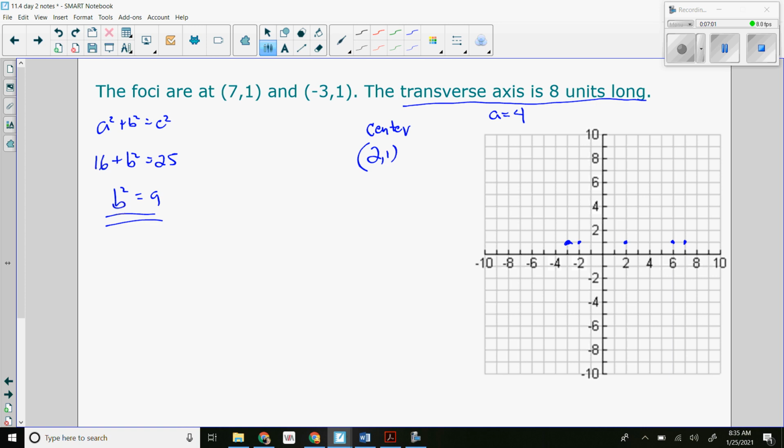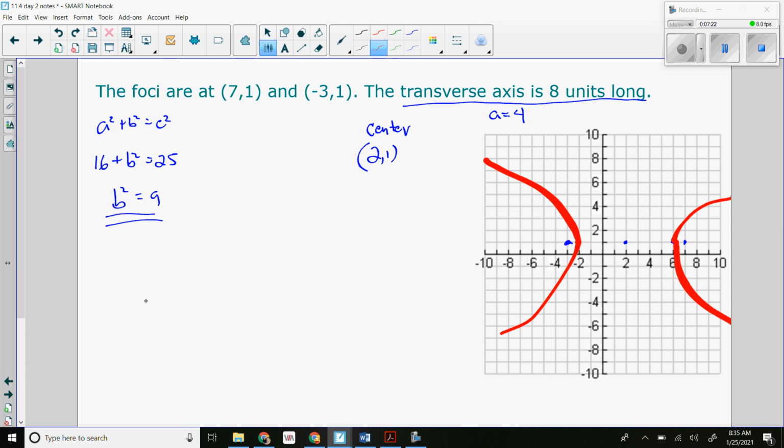Okay, and I think I have enough now to write my equation. This is one where the x's would come first. Oops, I didn't draw that other one. I should go through this point. Okay, eventually it's going to look something like that. There we go. And so it kind of makes an X shape, so we know the x's come first.